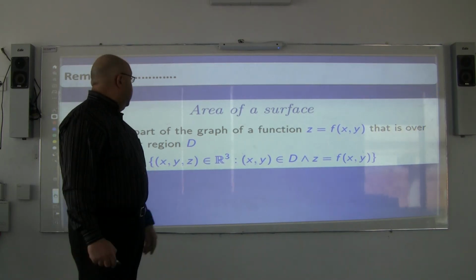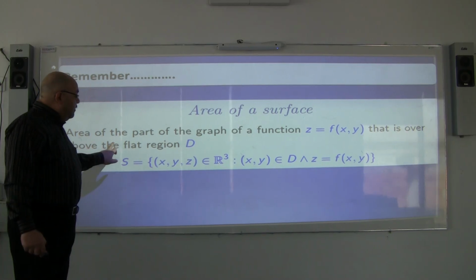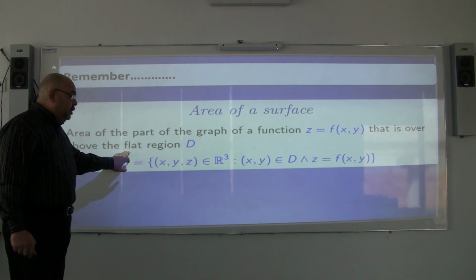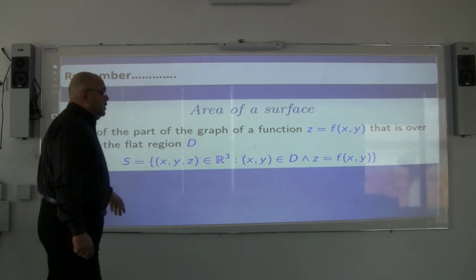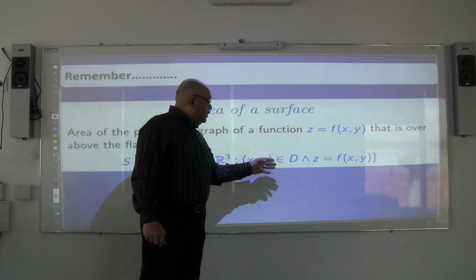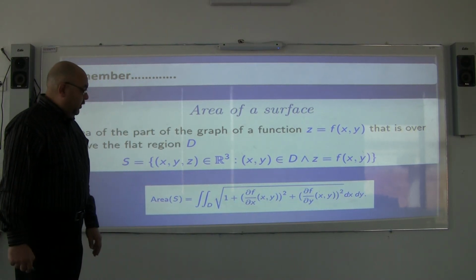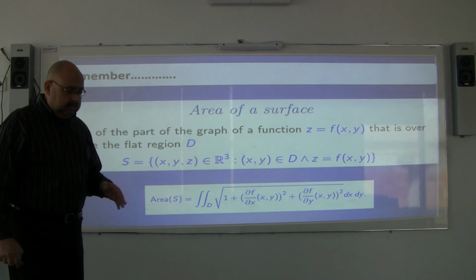That's over the flat region D, and the flat region is defined by the intersection between the function and the plane, z equal to f of x and y. It's really very simple.